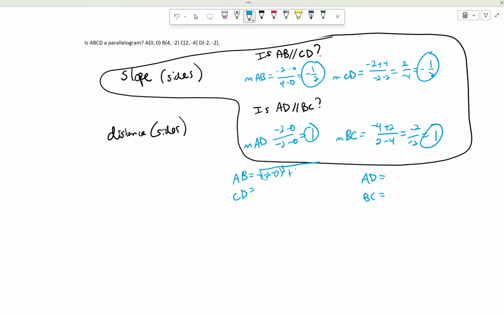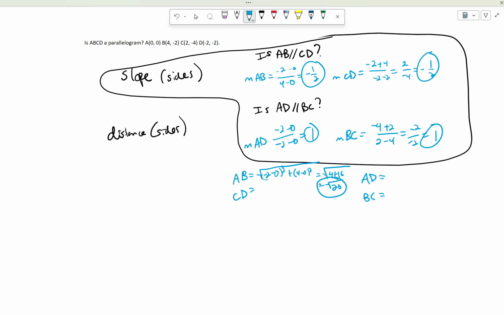Squared plus 4 minus 0 squared, which is going to be equal to the square root of -2 squared, which is 4, plus 16. So this is going to be rad 20, right? 2 rad 5.